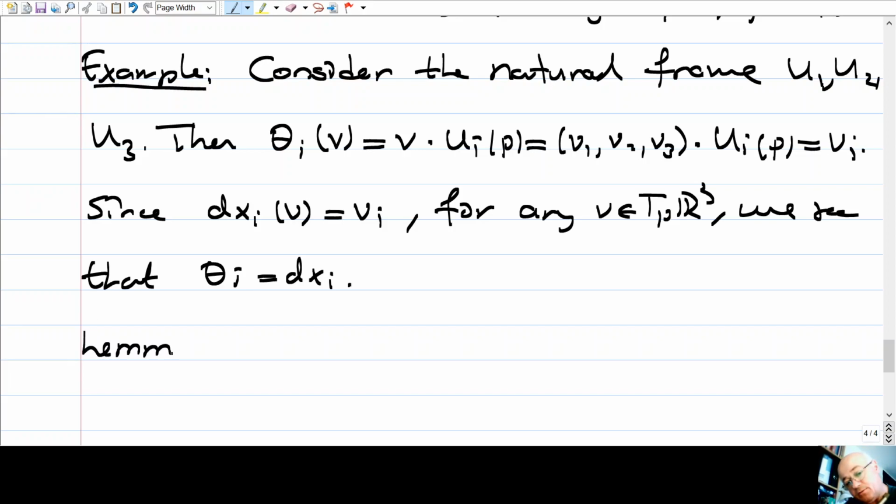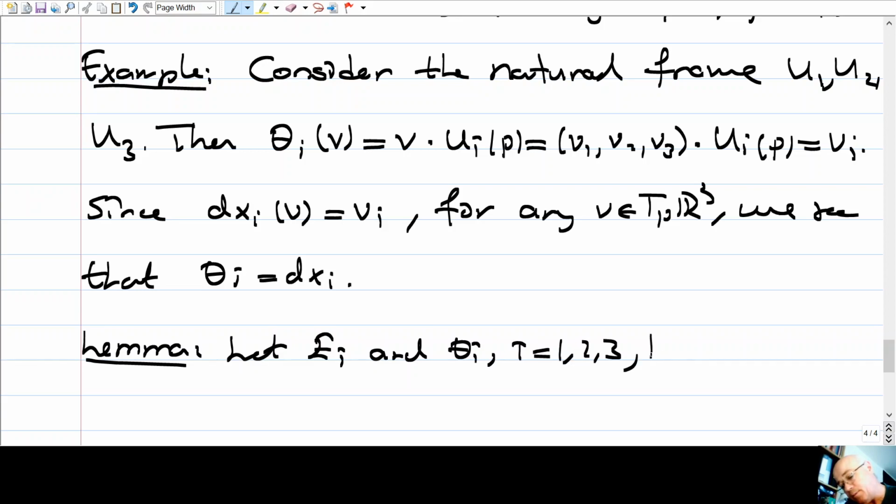Now, next we have a lemma. Let ei and theta i from 1 to 3 be as above.